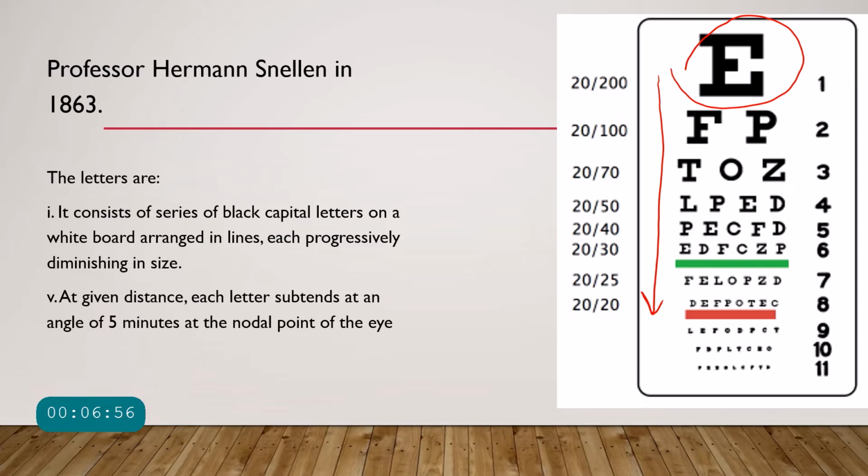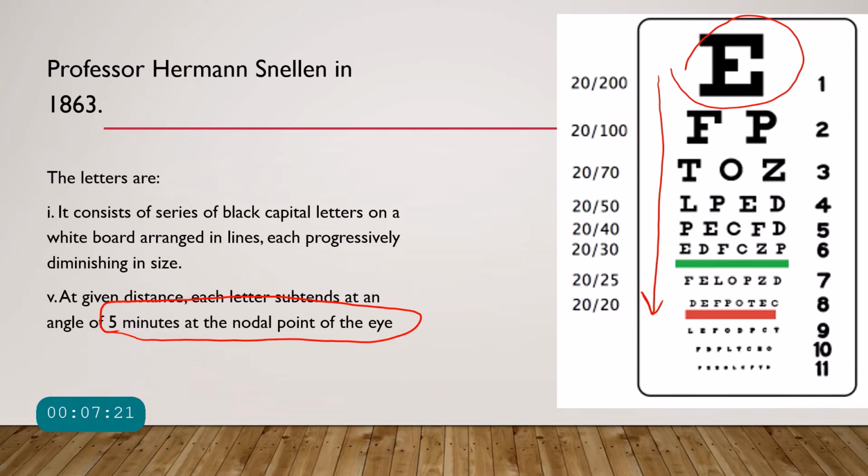As you go down the chart, the size of the letters is progressively diminishing, right? At a given distance, each letter will subtend an angle of 5 minutes at the nodal point of the eye. That is why I was telling you what is meant by the visual angle, because these letters at a particular distance are also going to subtend a particular visual angle, and that visual angle for Snellen's chart is about 5 minutes.